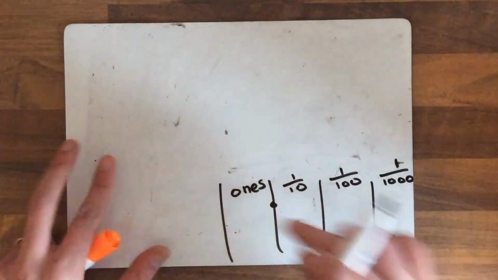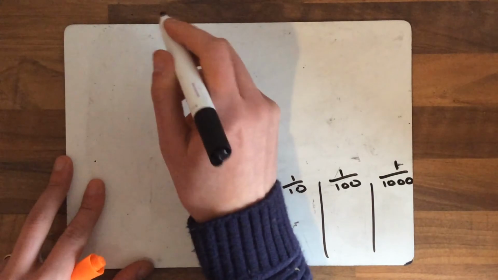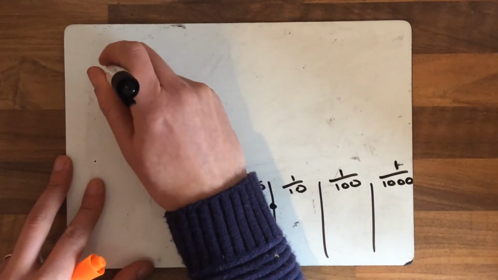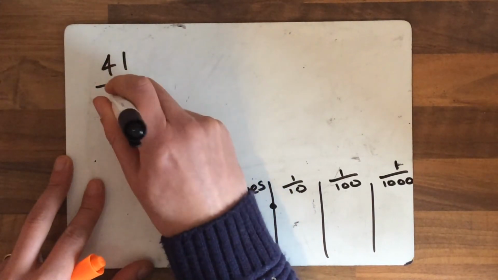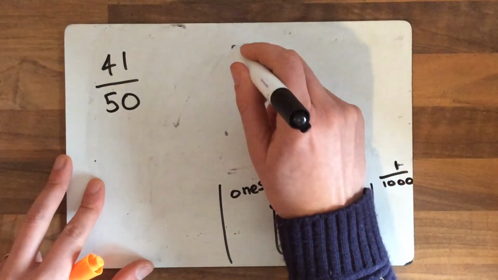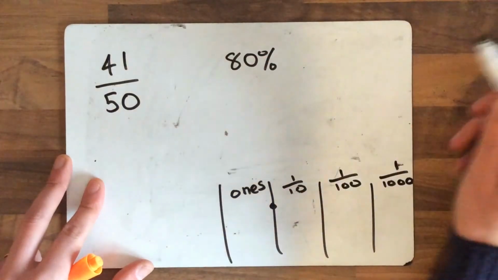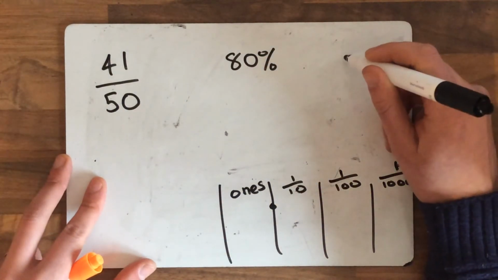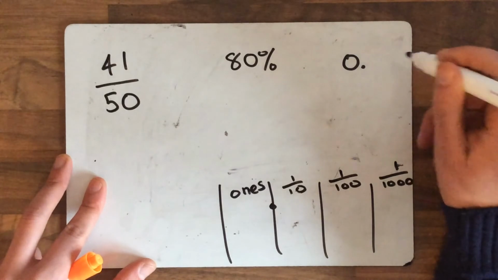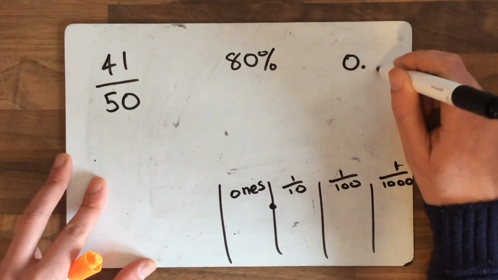Okay, so I'll have a look at three more of these. So if we were to look first of all at 41 over 50, and let's have a look at 80%, and let's have a look at 0.41.